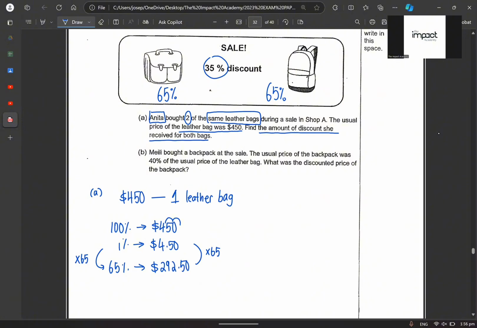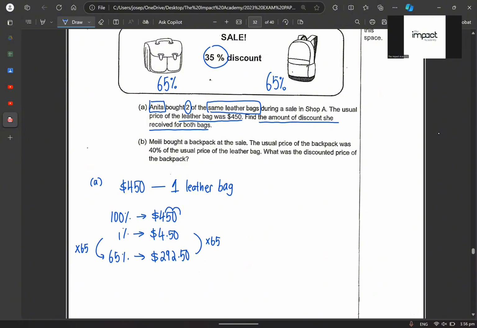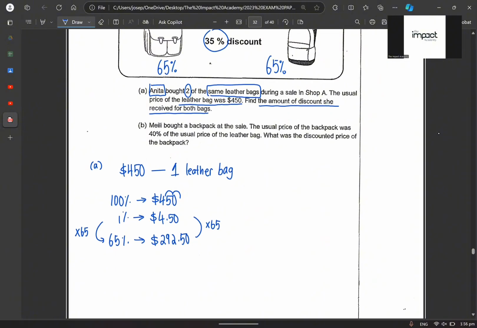Now, how many bags did she buy? She bought a total of 2. So that means after discount, she will spend a total of $292.50 times 2 for two leather bags. When I do that, I'll get an answer of $585.